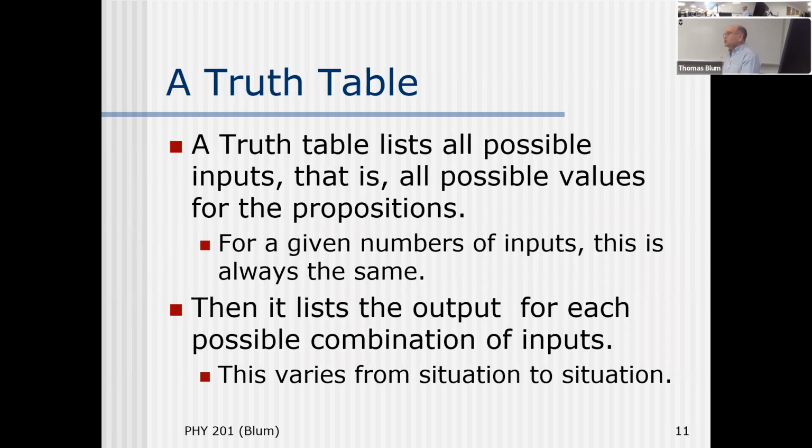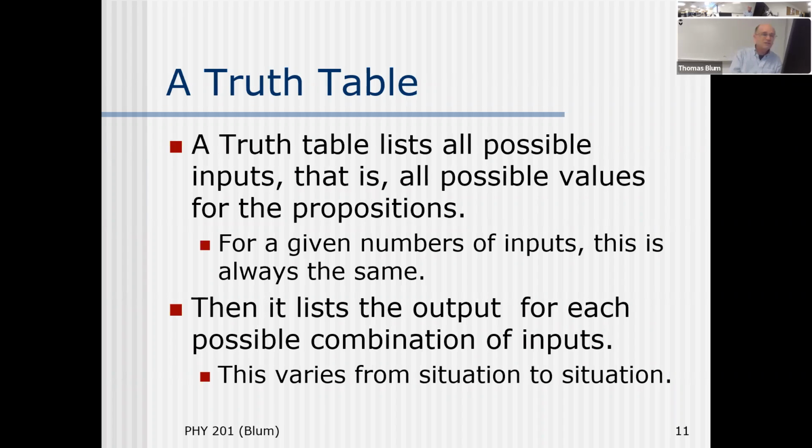Okay. So now I just showed you a truth table, and now I'm going to tell you what a truth table is. Okay, that makes a lot of sense. A truth table is where we have our things that we've identified as inputs, and we write out all the possible combinations of those inputs.